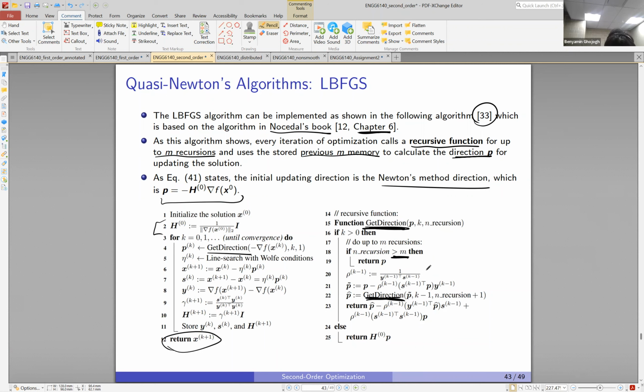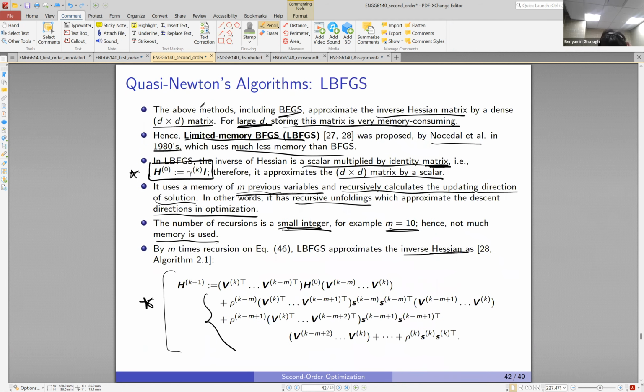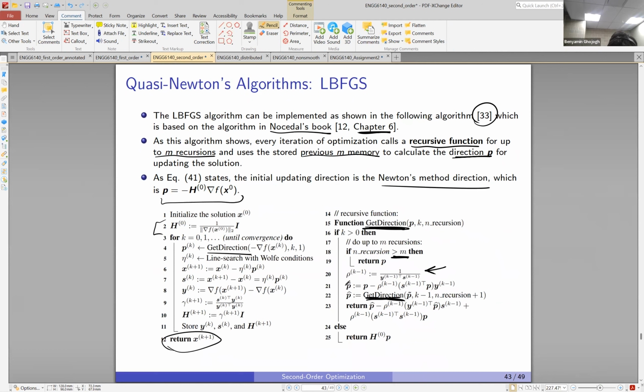And so we have rho here. We saw rho. Where did we see that? Here. We defined it here. So we have rho, and we have p tilde here. Then we feed that as the input to the recursive function, and we get p hat.